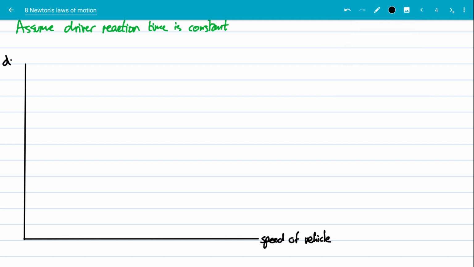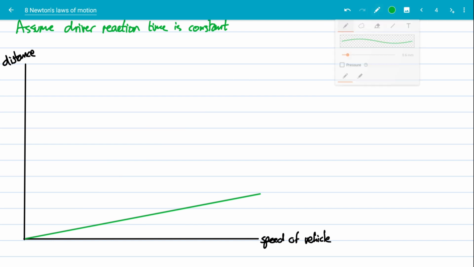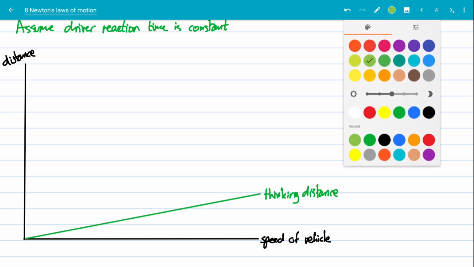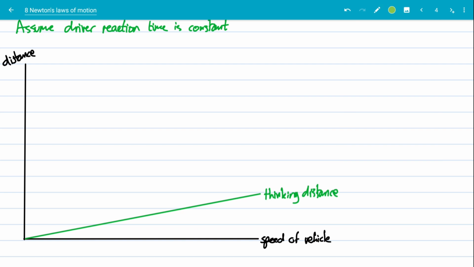So let's put this as just distance for now, and let's have the green one as our thinking distance. It's just going to be a straight line. And why is it a straight line? It's straight because the thinking distance is proportional to the speed.